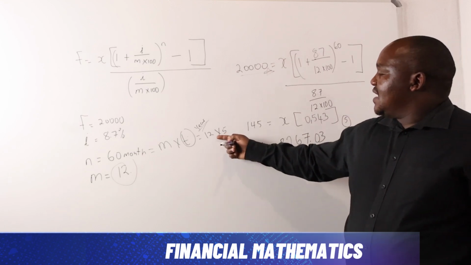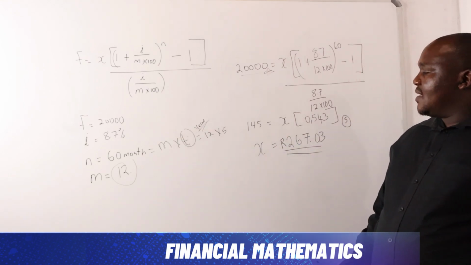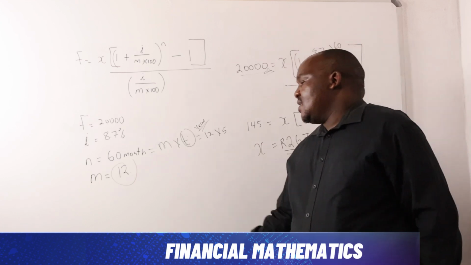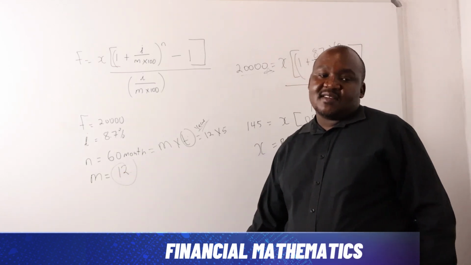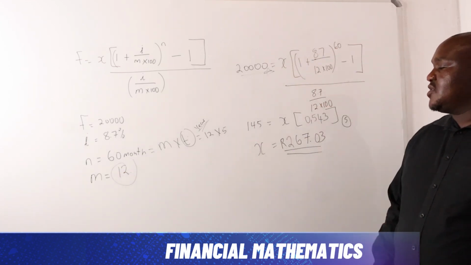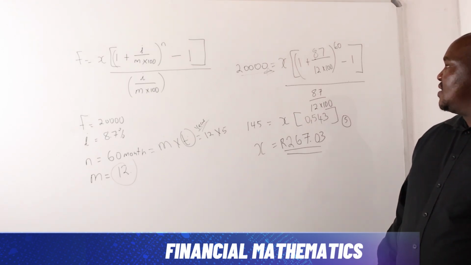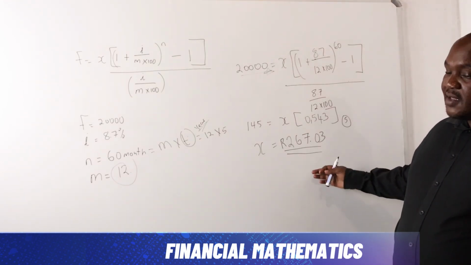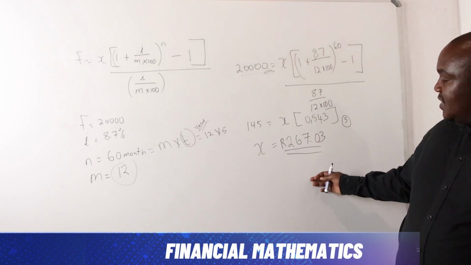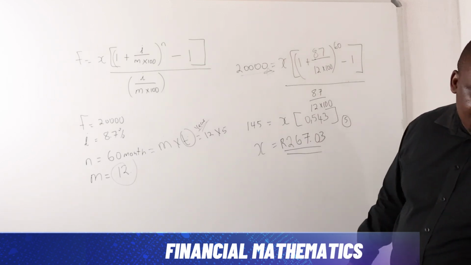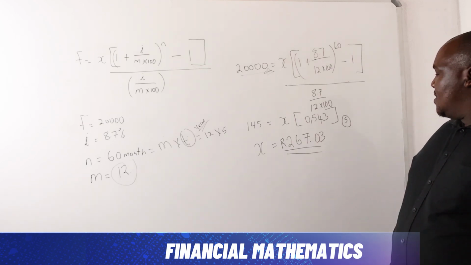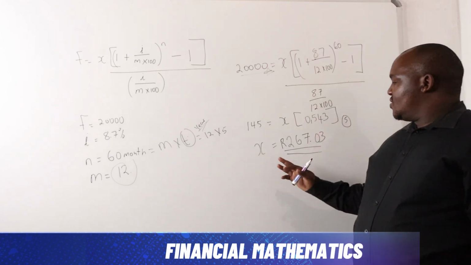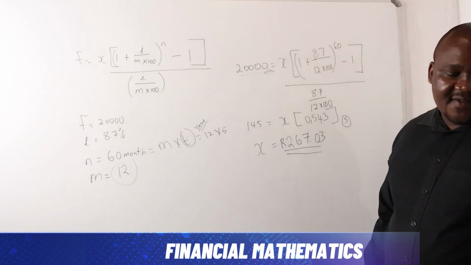But if the n is given in months, and you are told that it accumulated monthly, you can just use the number of months as well. So this is the value of the amount that he will need to deposit into his bank account on a monthly basis. Of course, there could be rounding off issues, but this is a fair value.